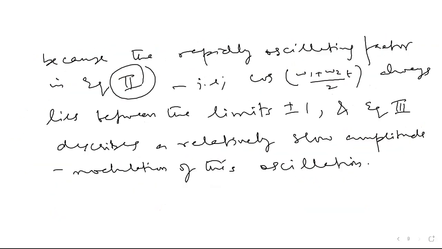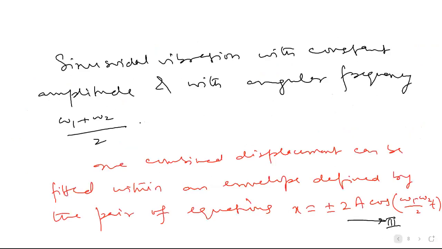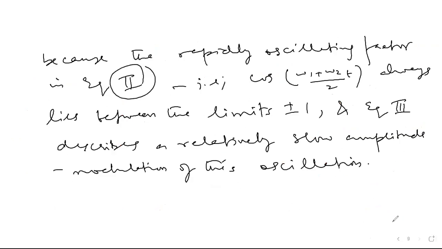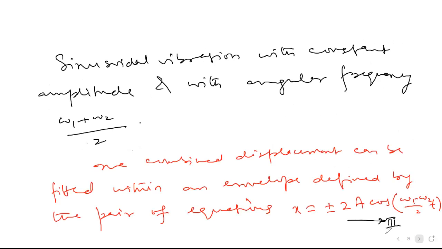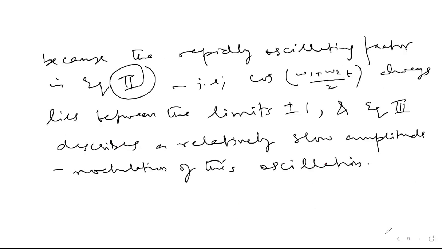So we can fit the combined displacement within an envelope defined by these equations, right? And this equation describes a relatively slow amplitude modulation of this oscillation, right? So this is the idea of beats.